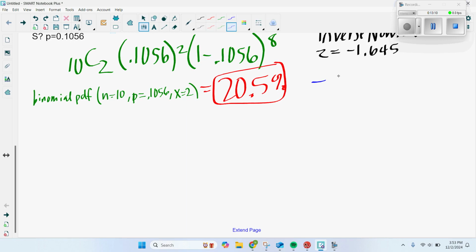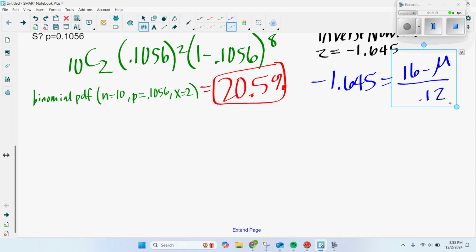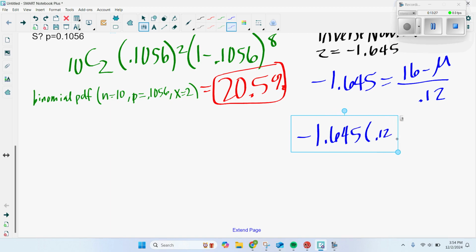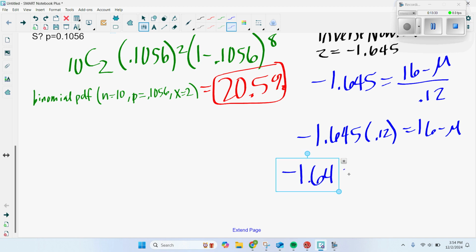If my z-score is this, and I know the z-score formula to be value minus the mean over standard deviation, I can actually solve for the mean just using algebra. So I'm going to multiply 0.12 on both sides. And then I'm going to subtract 16. I'm just leaving it like this for now.